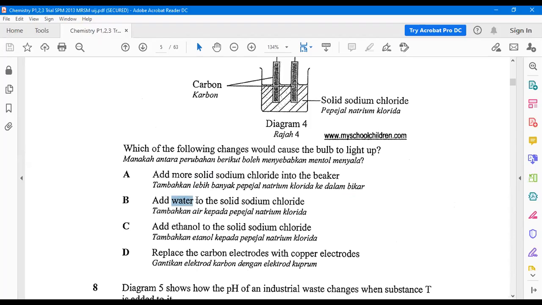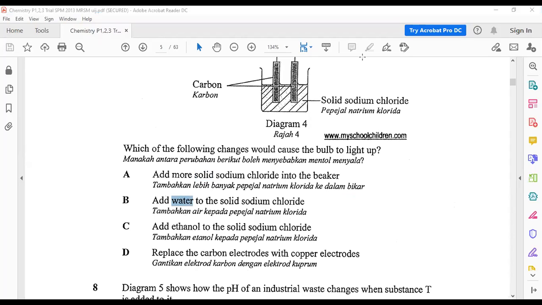Okay. Why you don't add ethanol to the solid sodium chloride? Okay, now what is the type of compound that we can say the ethanol? What is the type of compound of ethanol? What compound is this? First of all, we want to know what is the chemical formula of ethanol.